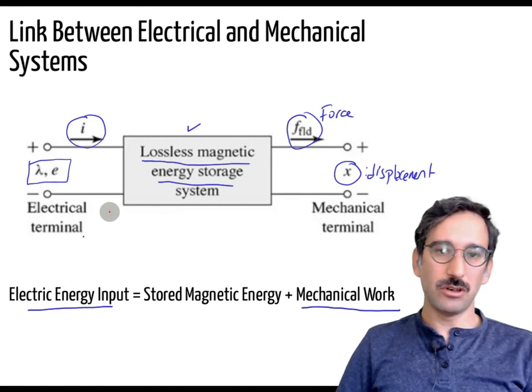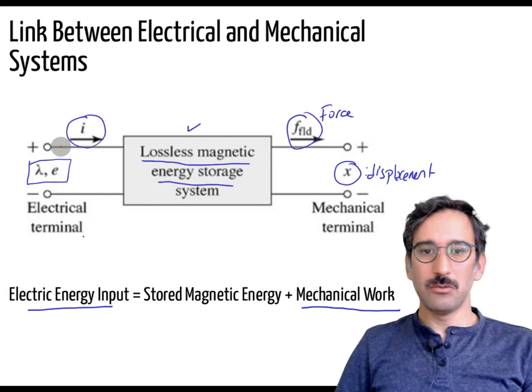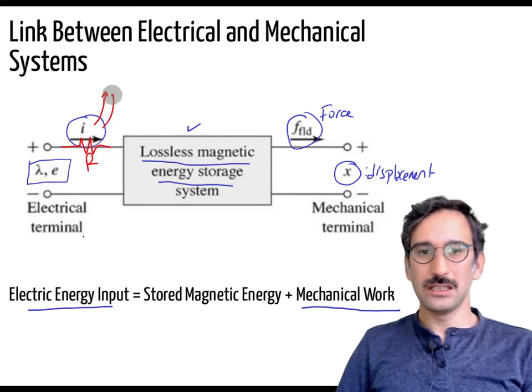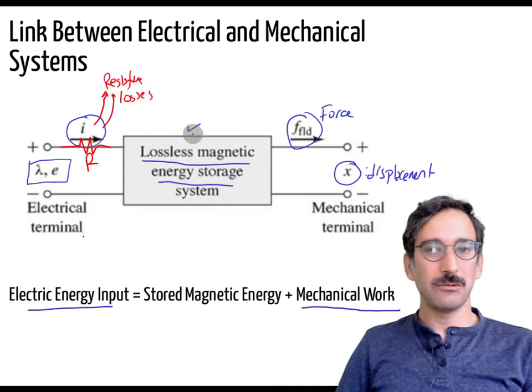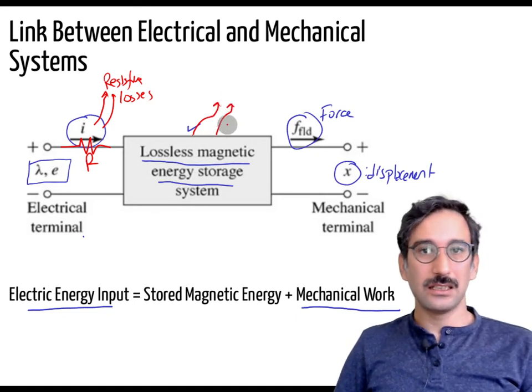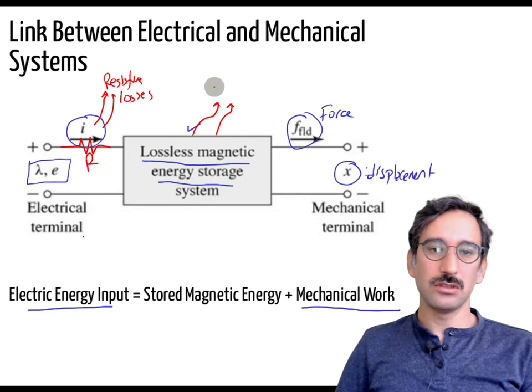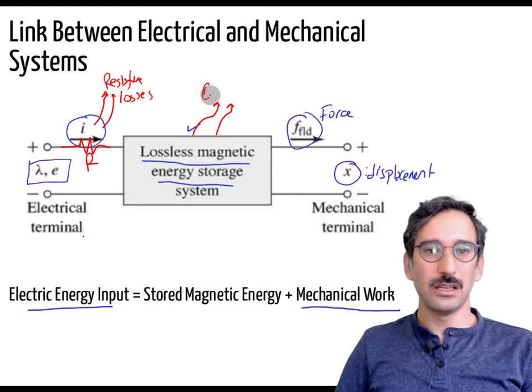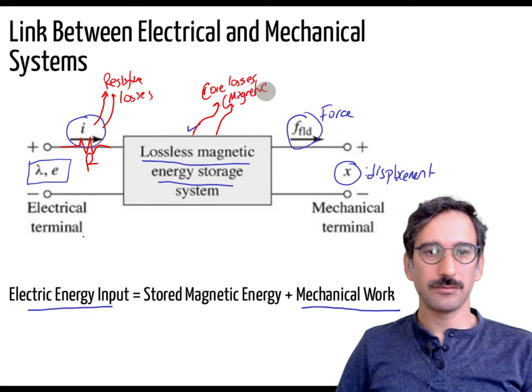Of course, in a more realistic system, you have some resistive losses, and as we have seen in the previous semester, there can be eddy current losses or hysteresis losses, or in short, let's call them core losses, or magnetic losses.